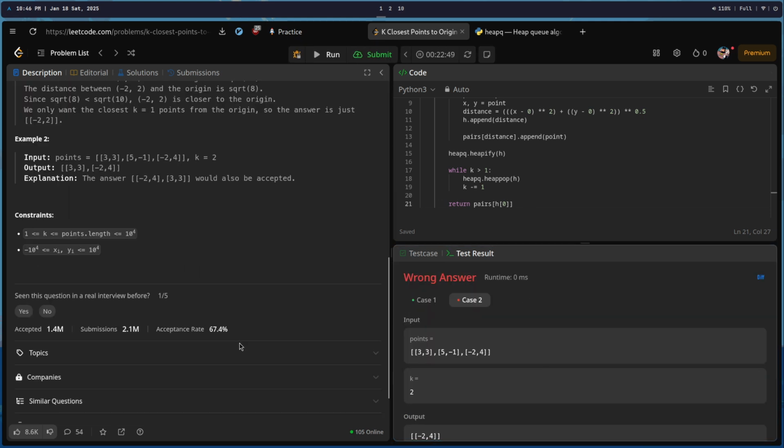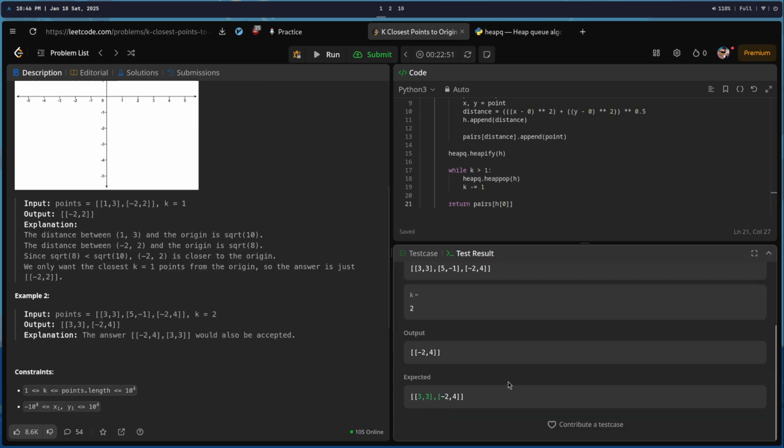Got the first one right, but number 2 definitely wrong. Yeah, I think it's my popping here. I'm not popping correctly. I'm not getting the kth closest, right?